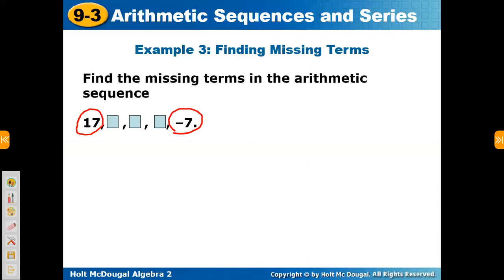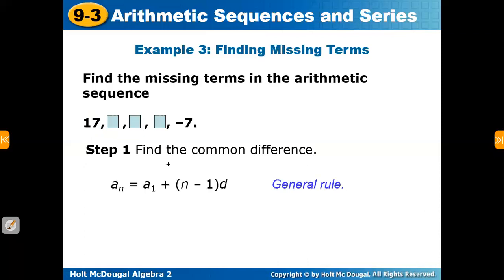Using the general rule, I can find the common difference. How is that? Substitute a5 as minus 7.